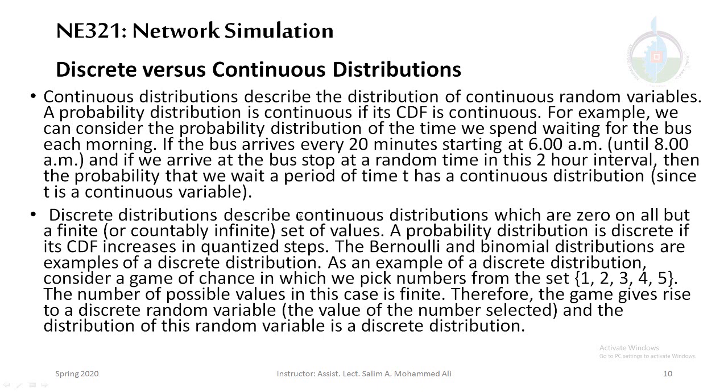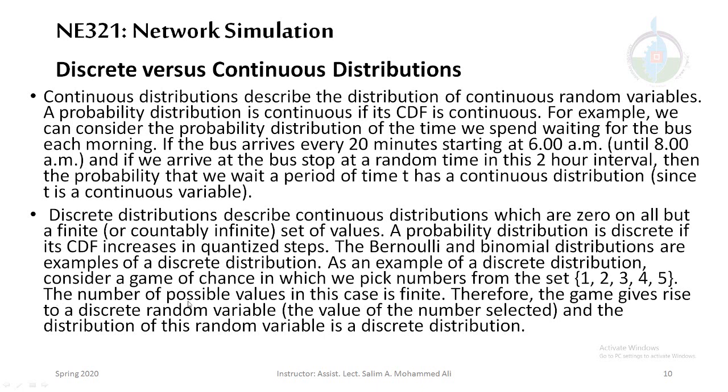While discrete distributions are zero on all but a finite or countably infinite set of values. A probability distribution is discrete if its CDF increases in quantized steps. The Bernoulli and binomial distributions are examples of discrete distributions. They are countable. As an example of a discrete distribution, consider a game of chance in which we pick numbers from the set 1 to 5.